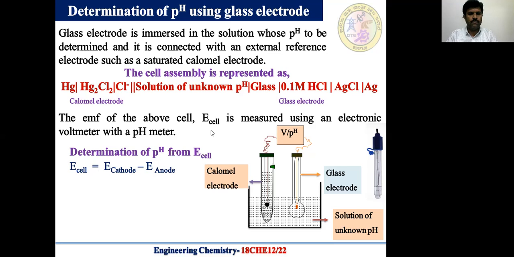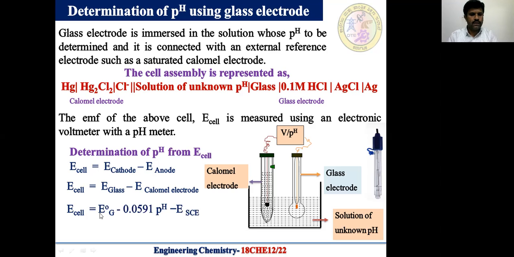How to determine pH by EMF of the cell? The EMF of the cell is equal to E cathode minus E anode. In this cell, the glass electrode works as cathode and the calomel electrode works as anode. Hence, E cell is equal to E glass electrode minus E calomel electrode.